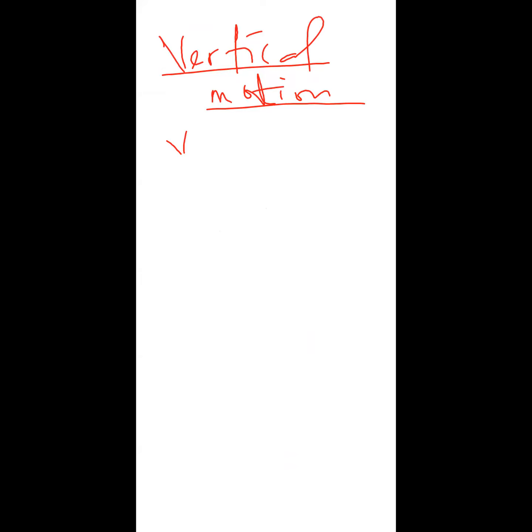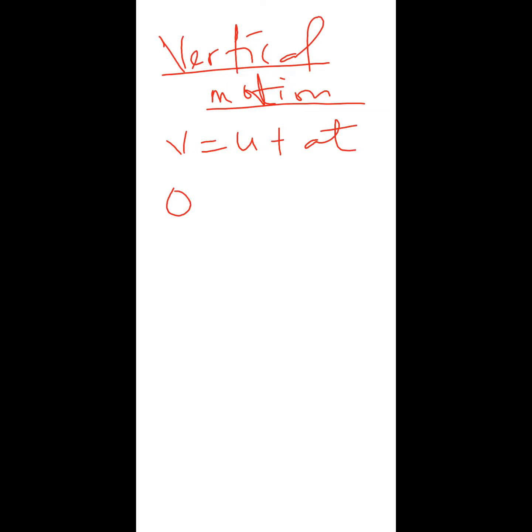So let me give you some things you need to know. For vertical motion now, I'm still under equation of motion. But now we are talking about vertical motion, because that one is directly a consequence of horizontal motion. So there are some things that will change. If you use V is equal to U plus AT, what you need to know is that at the highest point, final velocity becomes zero.